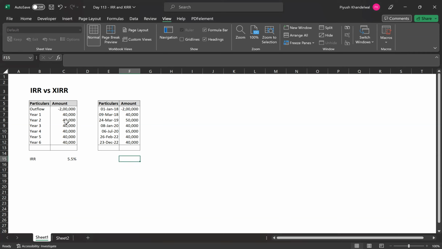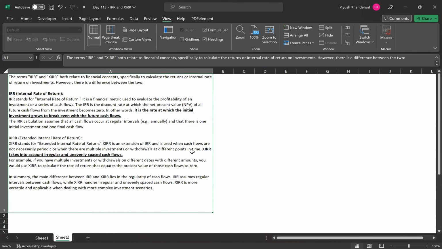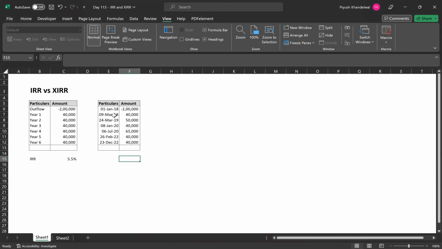For that, it is called XIRR and it is calculated when there are irregular and unevenly spaced cash flows. Irregular, they are not regular, and uneven cash flows, right? So we will use this function XIRR and it takes two arguments.